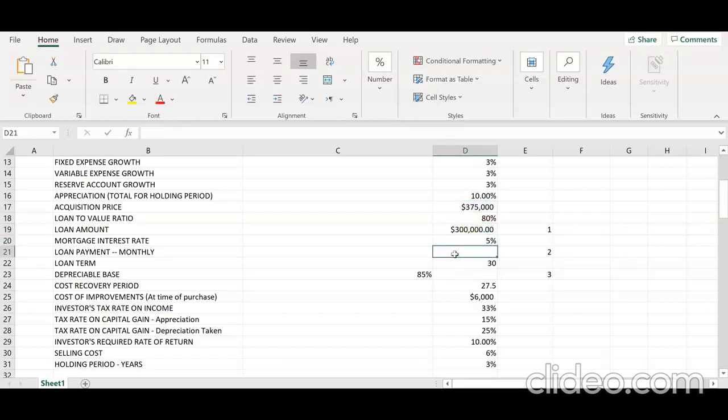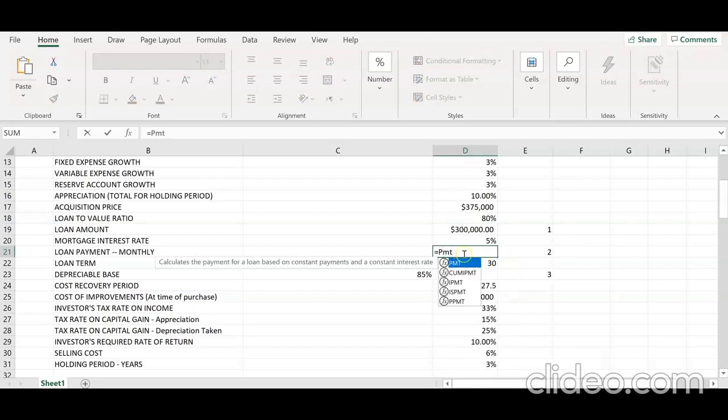The monthly loan payment should be calculated by the PMT Excel function. We have the rate over here, and it's going to be divided by 12. The number of periods is going to be multiplied by 12.